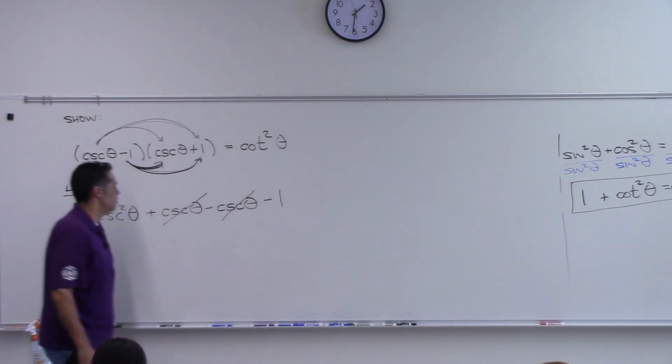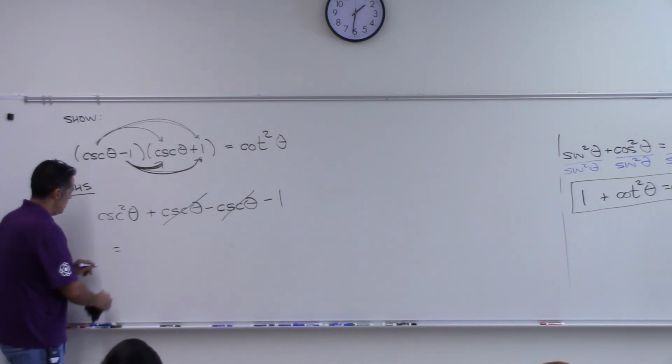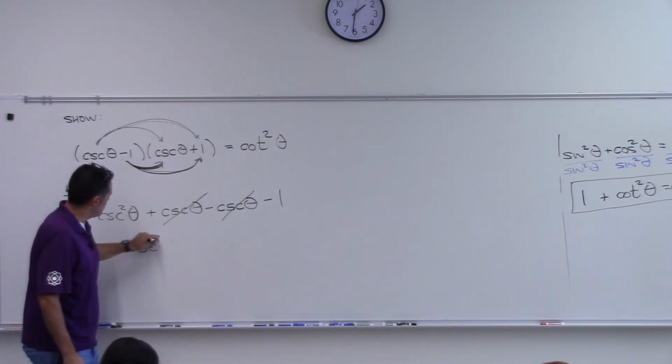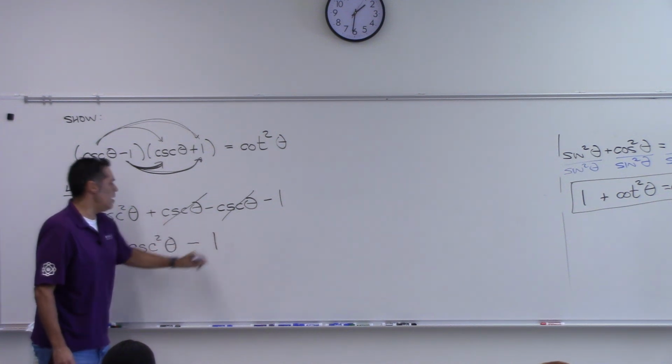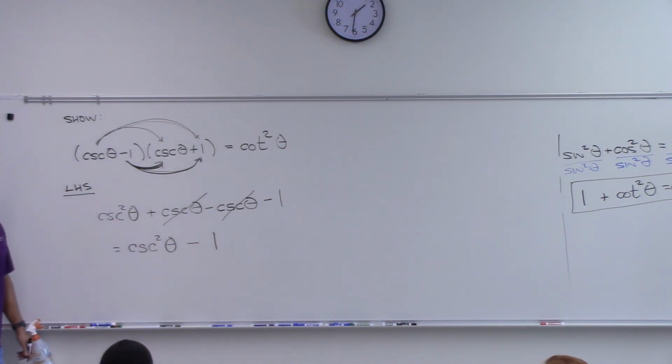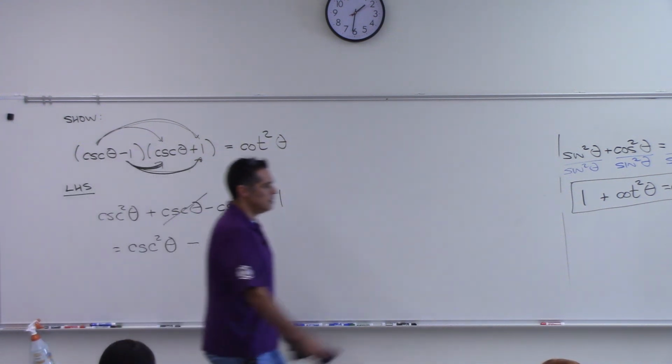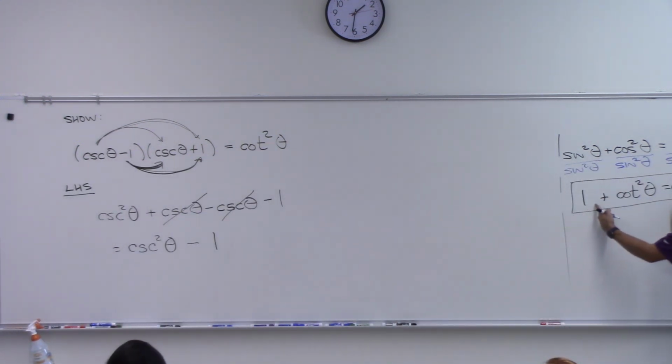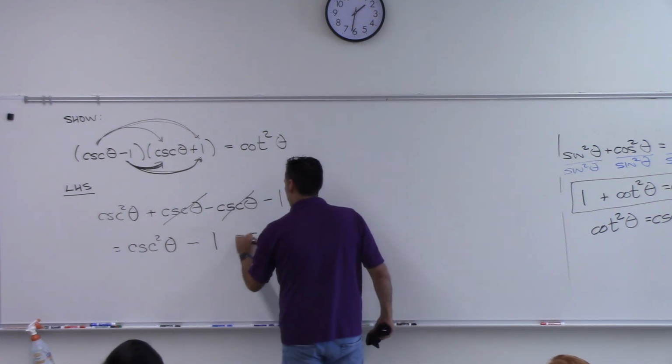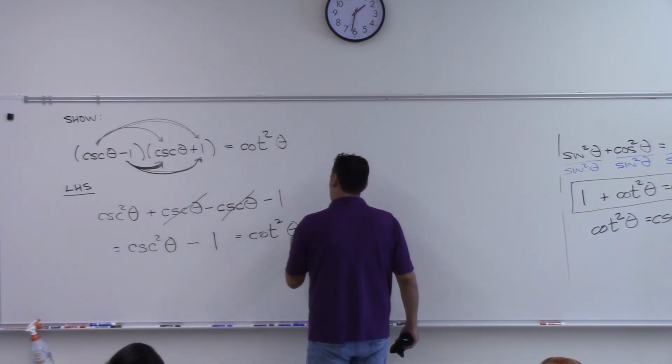So that equals cosecant squared theta minus 1, right? But look at this right here. Subtract 1 from both sides and you would get cotangent squared theta equals cosecant squared theta minus 1, right? So cosecant squared theta minus 1 is cotangent squared theta, and that's the right-hand side.